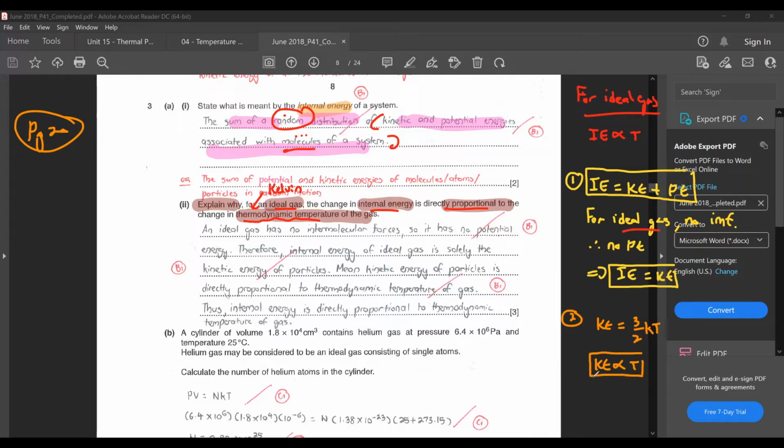Okay, so this is one other fact that you will need to know.